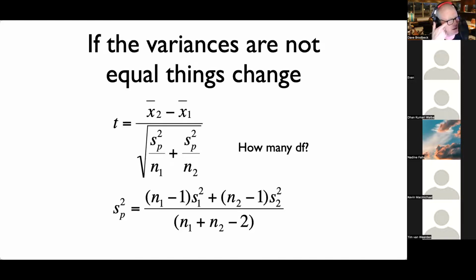Let's start there. N1 plus N2. How many values have we fixed? Oh, we've estimated 2 variances. So our degrees of freedom are going to be N sub 1 plus N sub 2 minus 2.